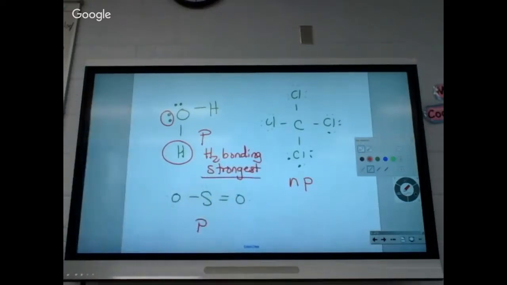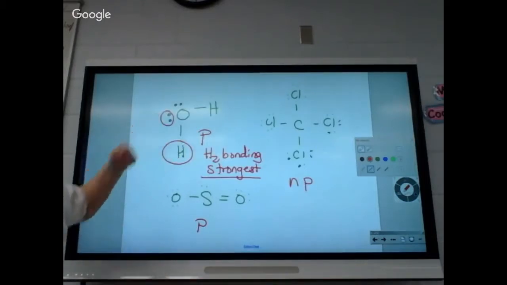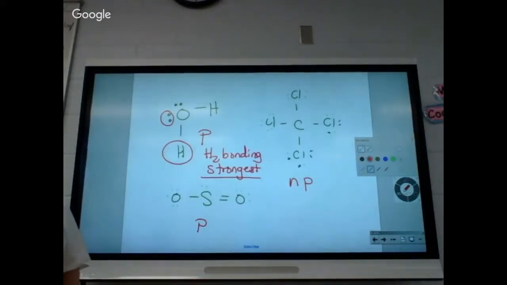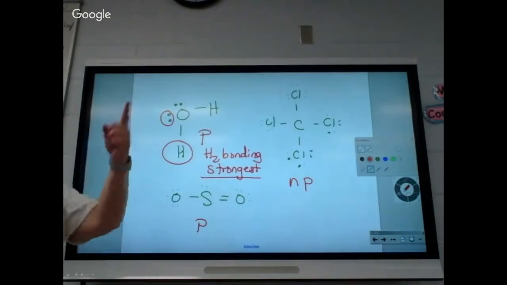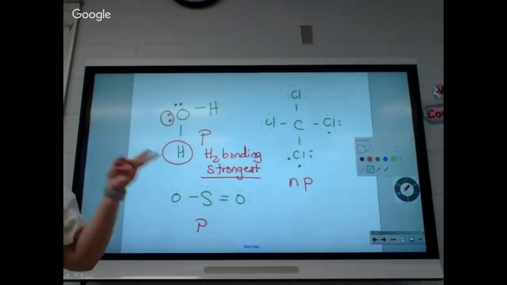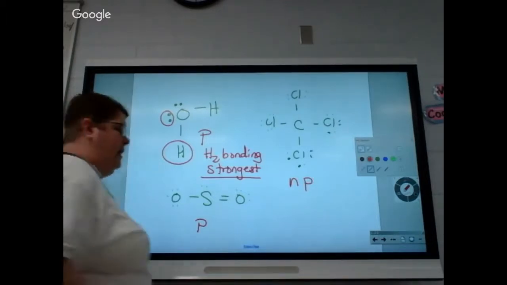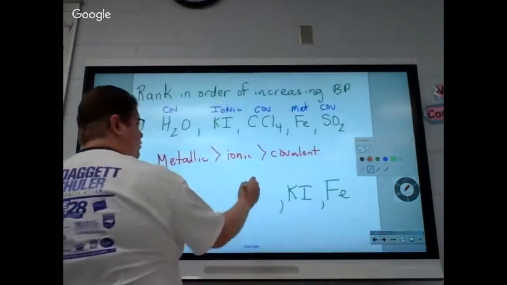It has to have the highest boiling point out of these 3 because it has the hydrogen and the lone pair. That's how you decide out of the 3 covalents that it's the strongest. Now, sometimes it might have a hydrogen, but it doesn't have a lone pair. That's why you have to draw the Lewis structure. So that means the hydrogen goes here.